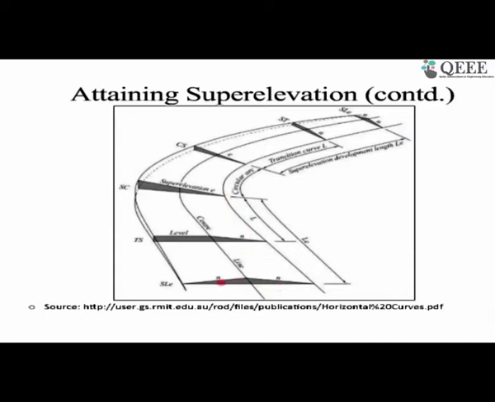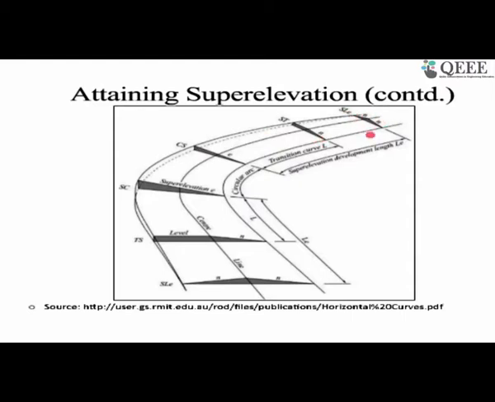In the transition curve, first you eliminate the camber and then you provide the super elevation. By the end of the transition curve, when the circular curve starts, you attain the full super elevation. This is what is provided along the curve, and once the curve ends, you go back the reverse way, gradually reducing and going back to the camber like this.